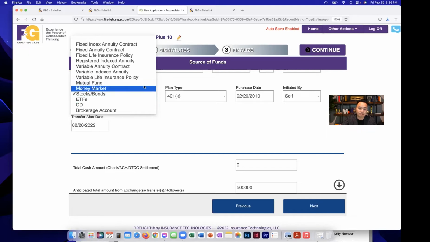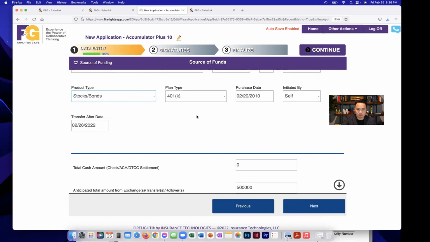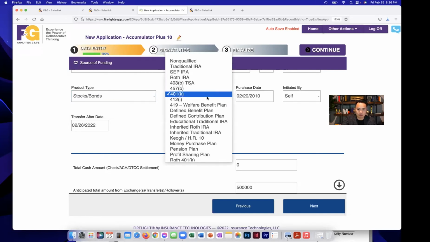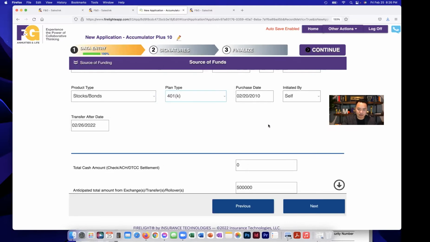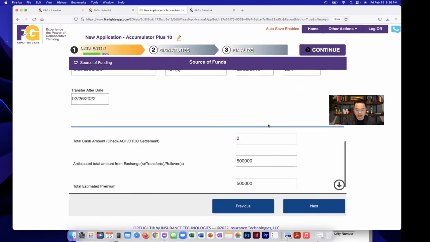Or money market, if it is under a fixed index life insurance that you are doing. Brokerage account. And then plan type here, you put non-qualified if it is cash. I hope that clarifies some stuff for you guys. If not, well, I tried.